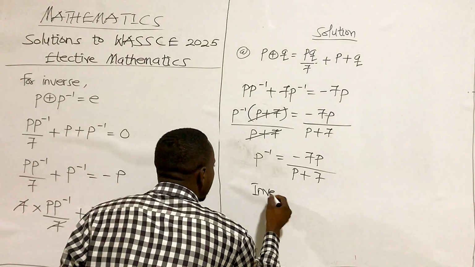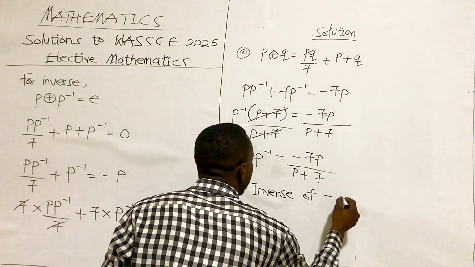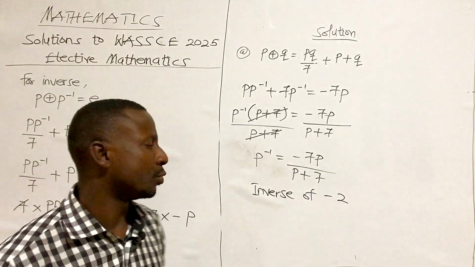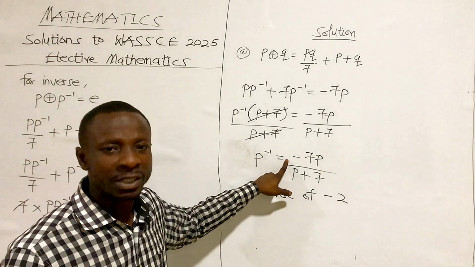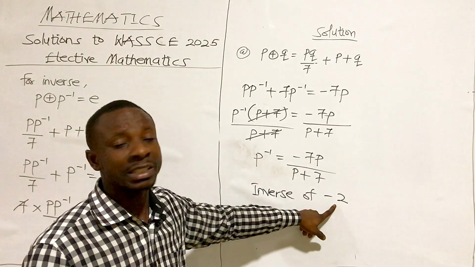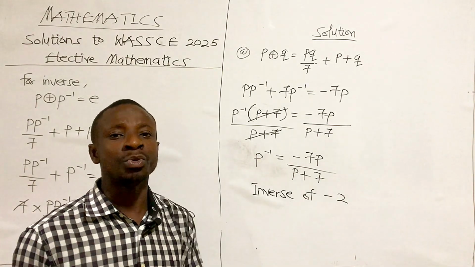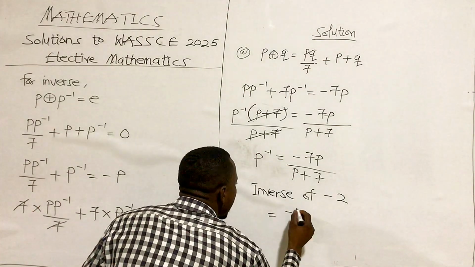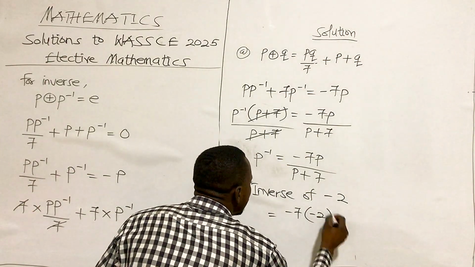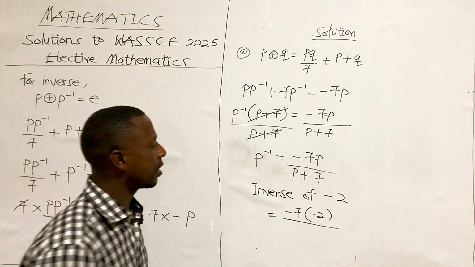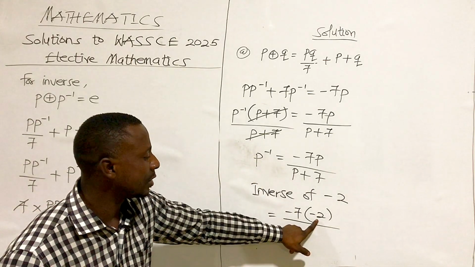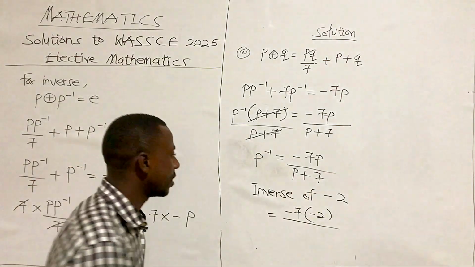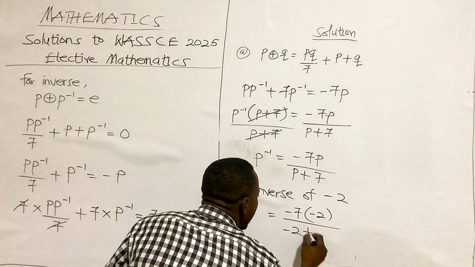If we are looking for the inverse of negative 2, then from the expression we have here, we are going to substitute the negative 2 at where we see P. So we are going to get minus 7 multiply negative 2 all over, so I just substituted negative 2 at where I have P. And here we are going to get negative 2 plus 7.